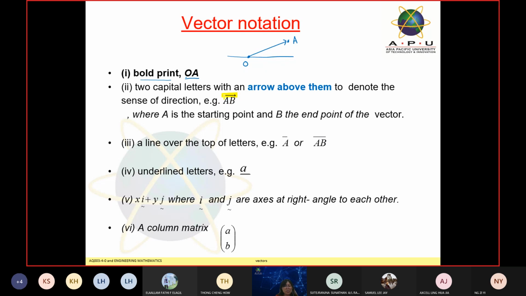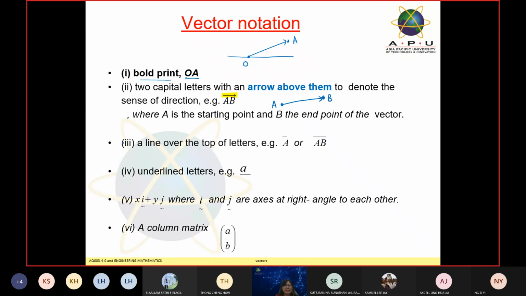Because the direction is from A to B, we understand there is a vector that starts from A and goes to B. It really indicates the direction, where A is the starting point and B is the end point.